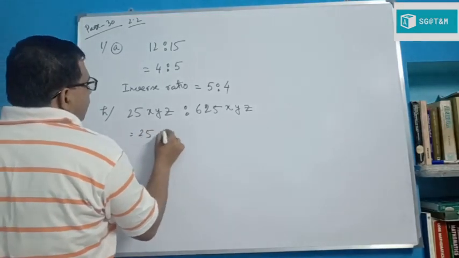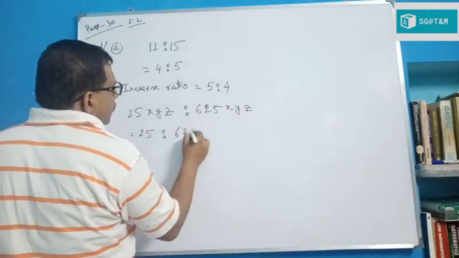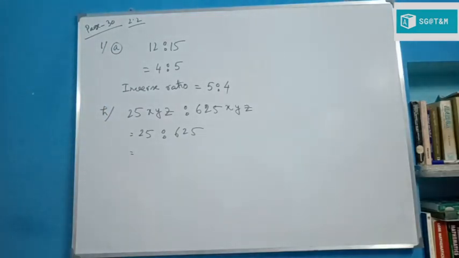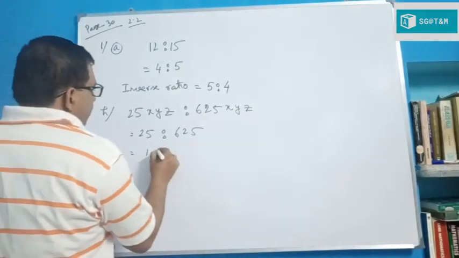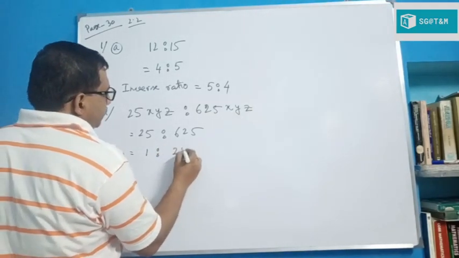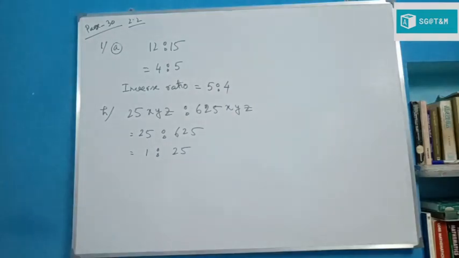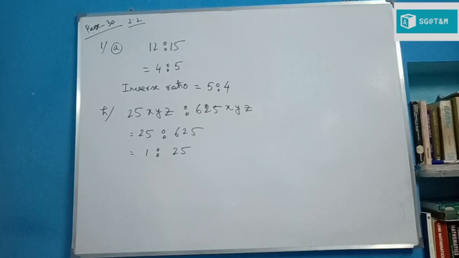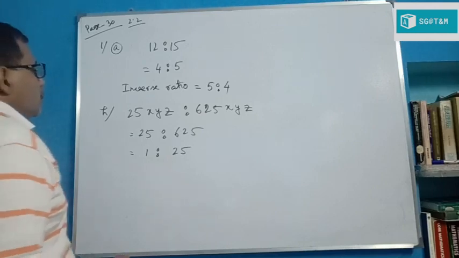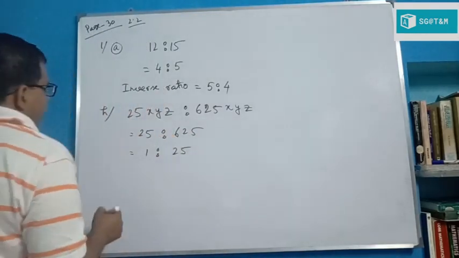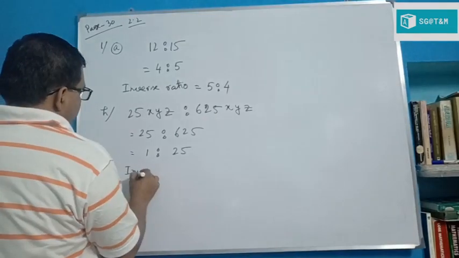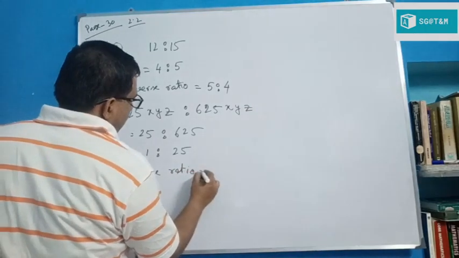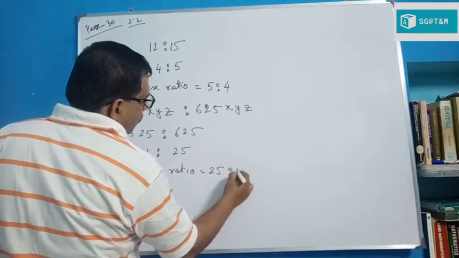That is, we can write 25, 625. Dividing by 25, and dividing again by 25, it is 1 is to 25. If we divide 625 by 25, we get 25. 625 is the square of 25, obviously. So this is the ratio in simplified form, and the inverse ratio is 25 is to 1.